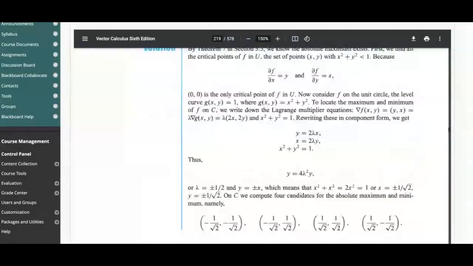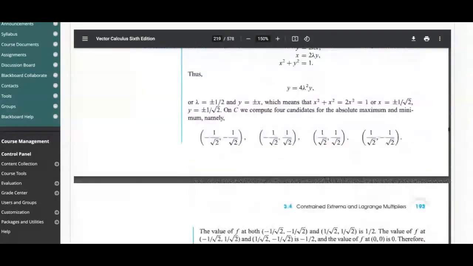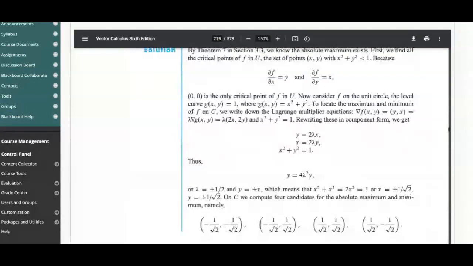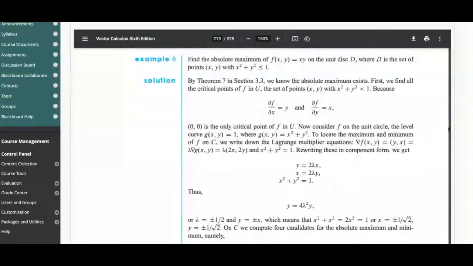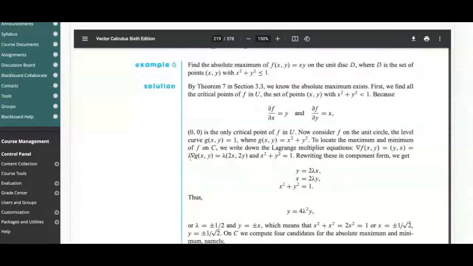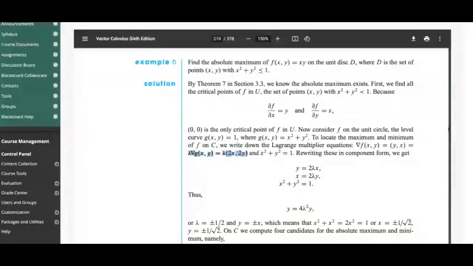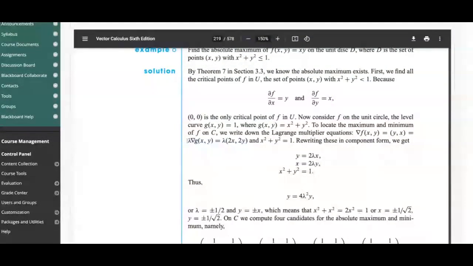And it says y equals 2 lambda x, x equals 2 lambda y. Like how can we switch the y and x position? In which condition do we have to switch the position?